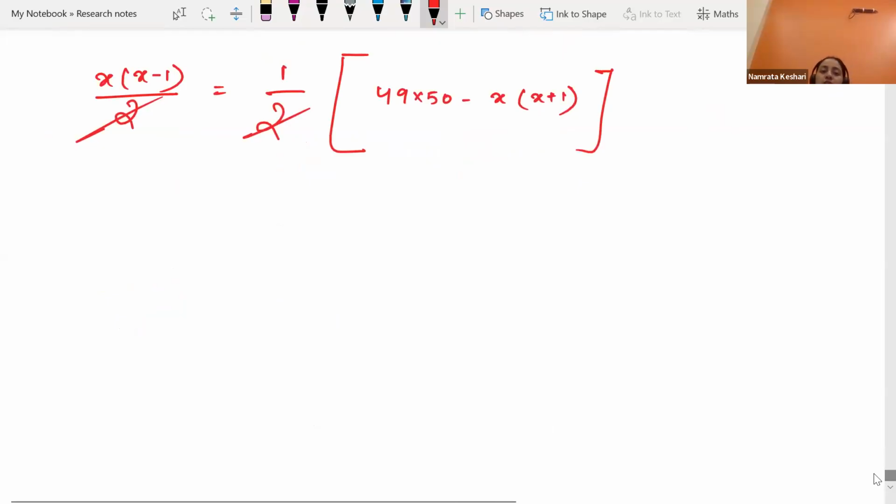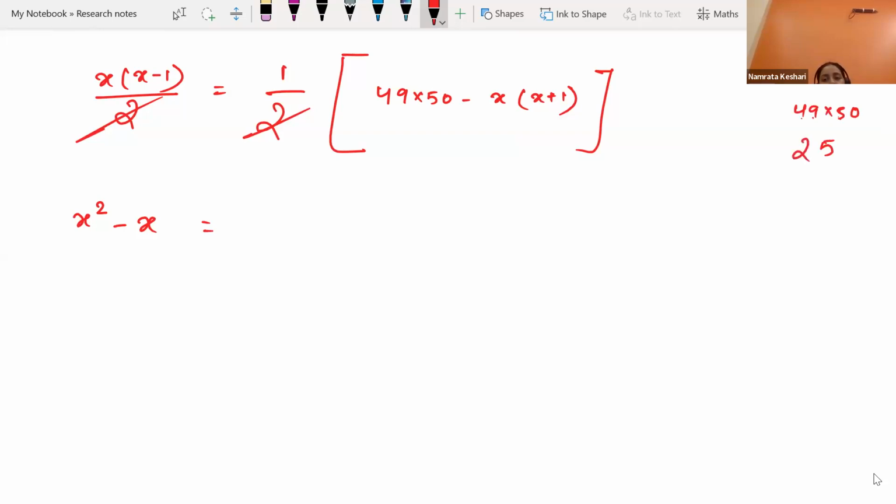So we are left with, now let's do the multiplication. We don't have any option. x square minus x is equal to 49 into 50, which is 2450.